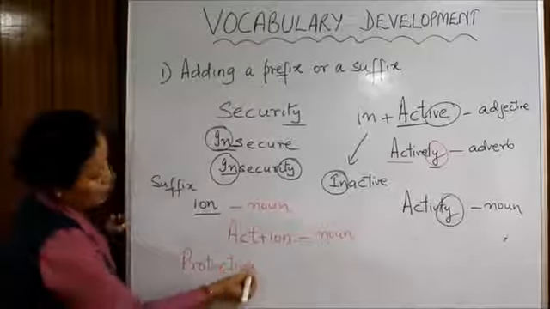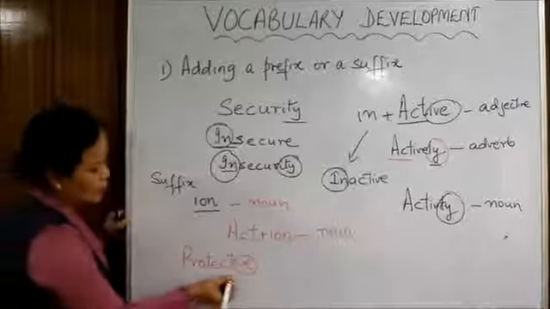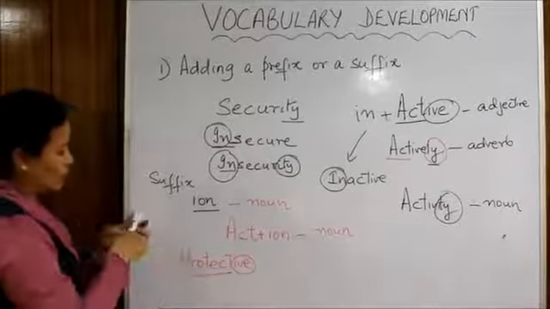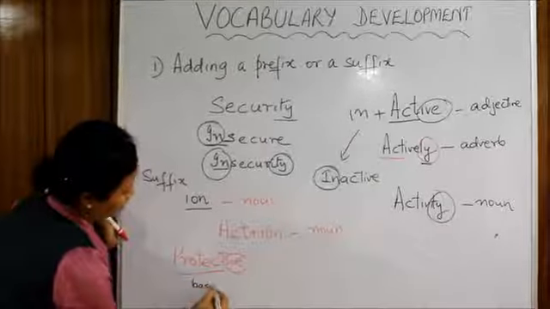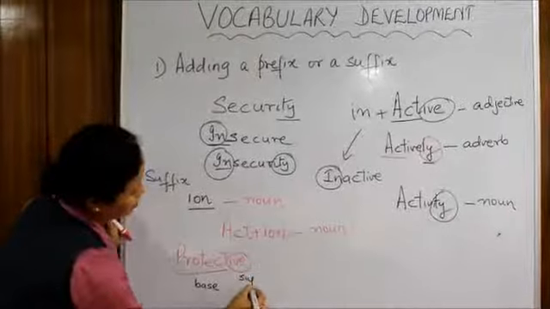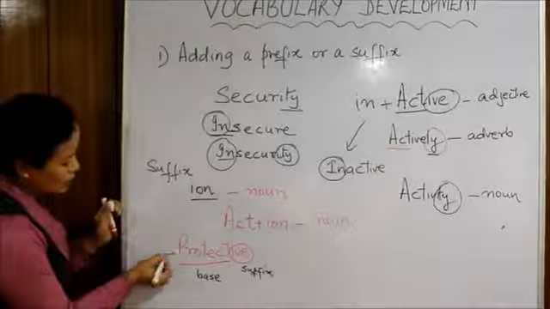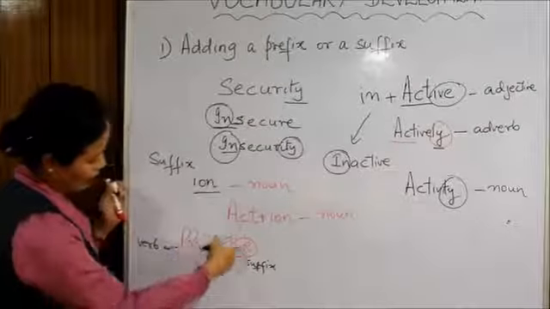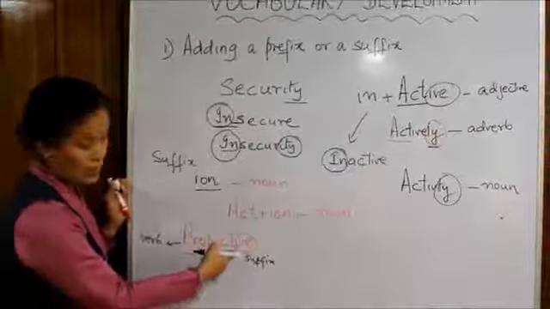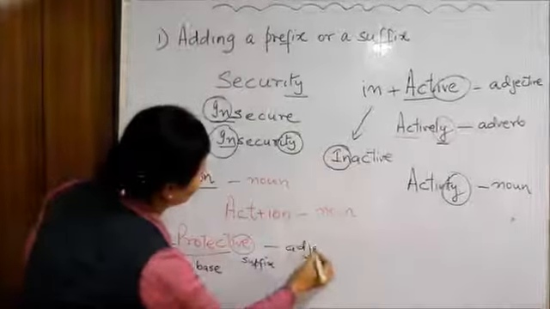What do you see here? The suffix is IVE, and the base word is protect. Protect is a verb, whereas when we add the suffix IVE, protective, it becomes an adjective.